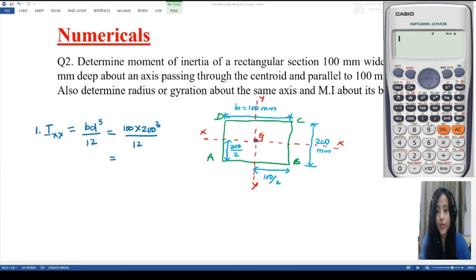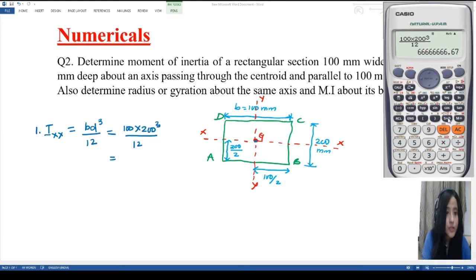So now it will be equal to 100 into 200 cube divided by 12, right? So this will be equal to, it is coming this much.